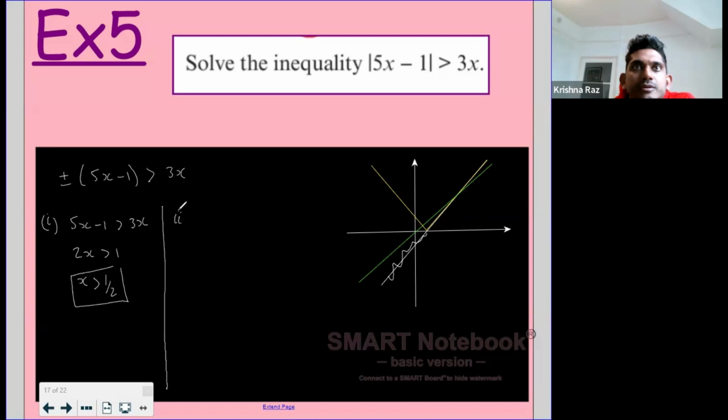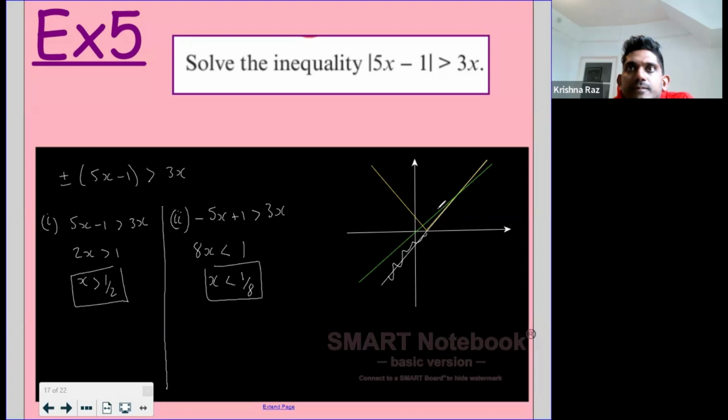And if we do the negative, we have minus 5x plus 1 is bigger than 3x, which means 8x is less than 1. x is less than 1/8. Which represents that part of the line there and that part of the line there.